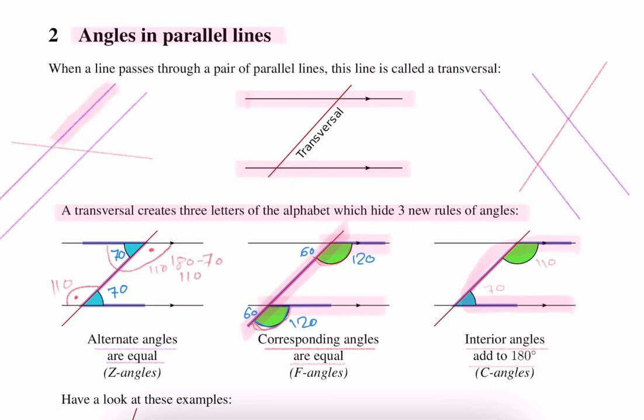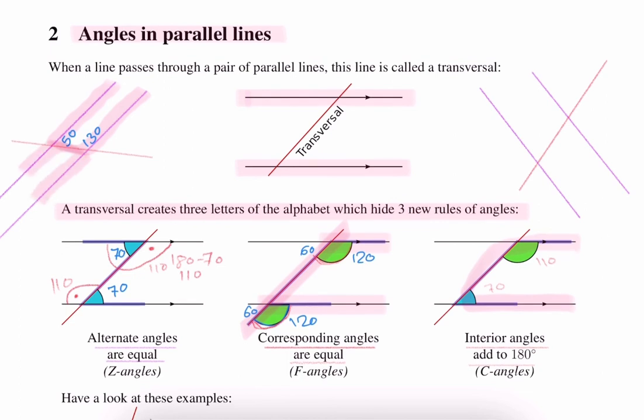Here we have the C letter here. So if this angle is 130, this angle is going to be 50. Also on the other side, I have a C letter here. So if this angle is 50, this angle would be 130.